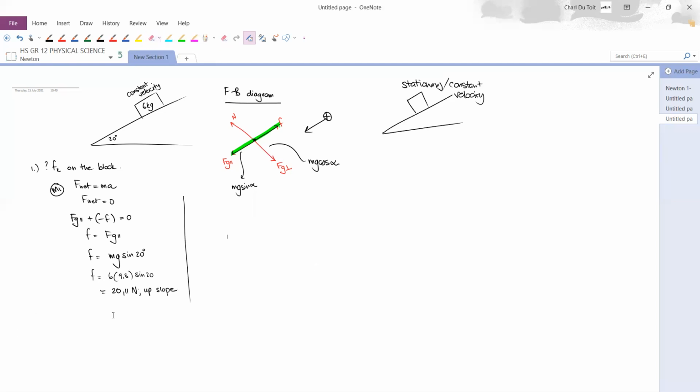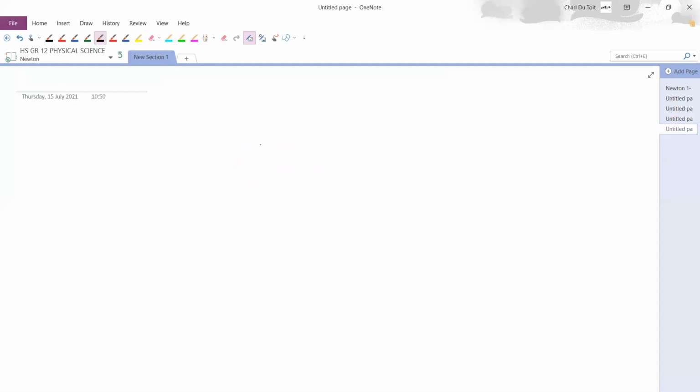Right, so let's expand on this. Again, I have a sloped surface of 30 degrees. There's a box there, it weighs 20 kg.